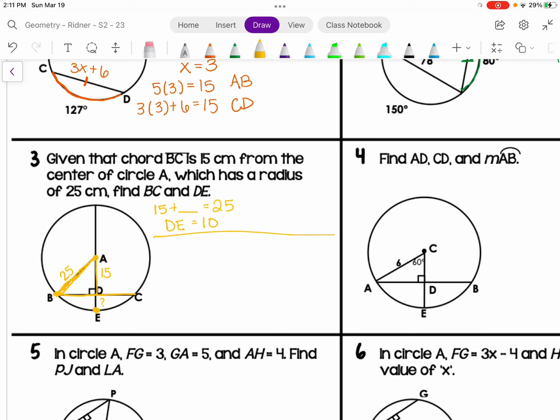The other one is just slightly harder because we have a right triangle. We know two sides and we want to find the third side. So we're going to do a squared plus b squared equals c squared. We do know c because the hypotenuse is across from the right angle.